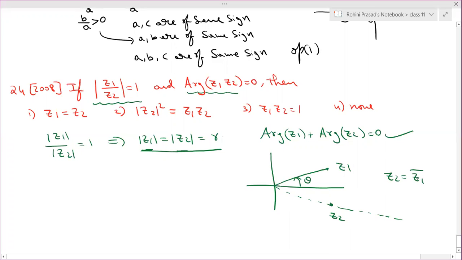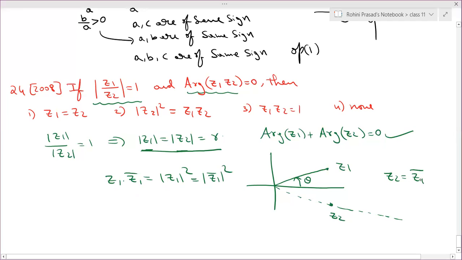When they both are conjugates of each other, their product is the square of its modulus. So Z1 into Z1 bar is mod Z1 square. This is the property: a complex number into its conjugate is the square of its magnitude. In fact, it is equal to Z1 conjugate's magnitude square also, because the conjugate's magnitude and its magnitude are same.